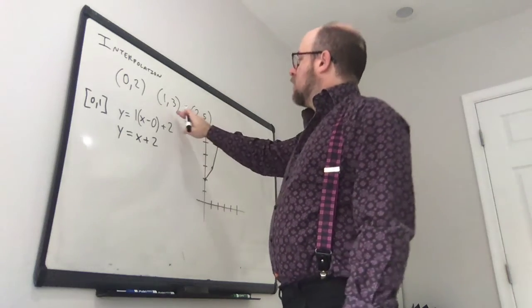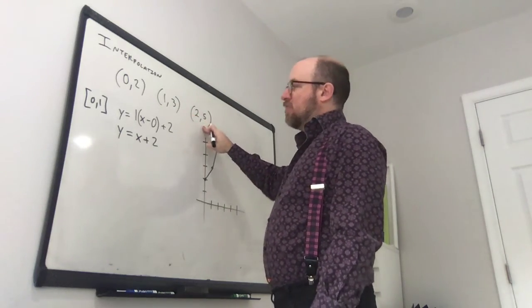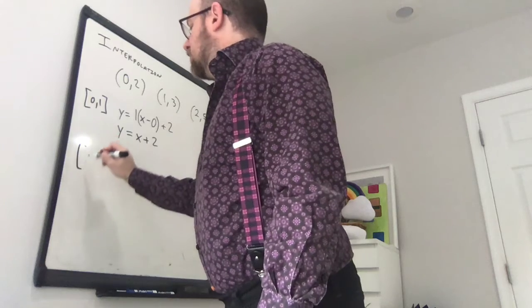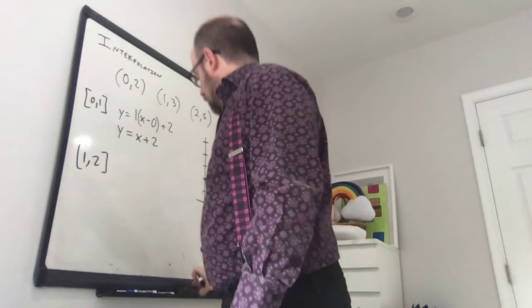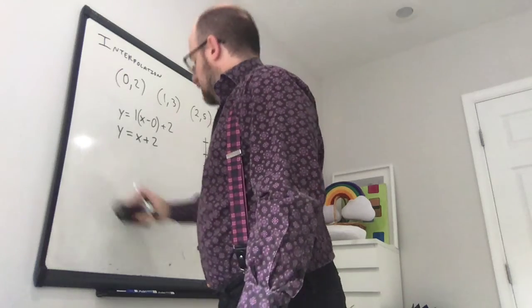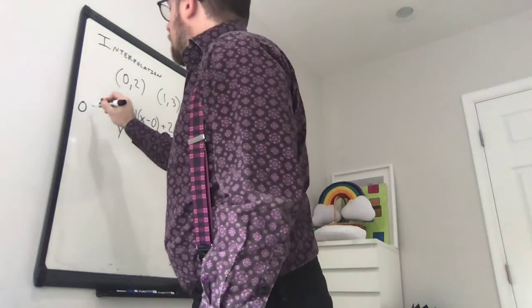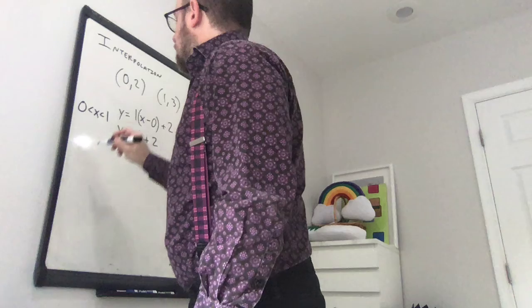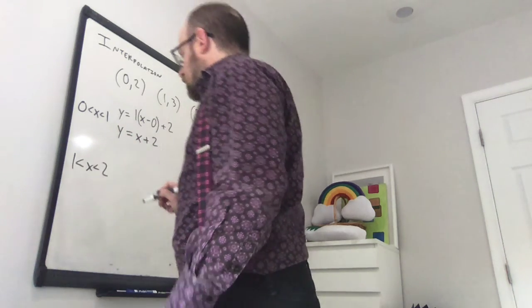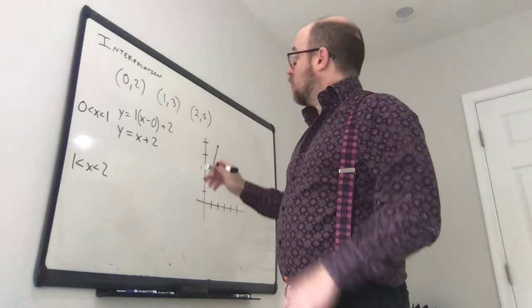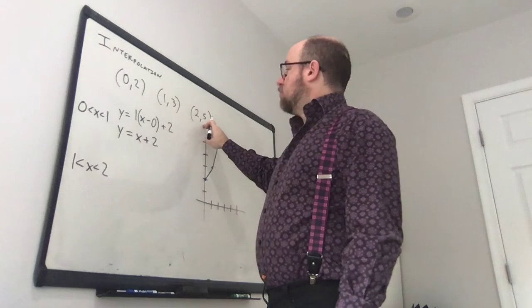And then similarly, we can find a line between (1, 3) and (2, 5). So on the interval [1, 2], for 1 less than x less than 2, the other piece, we're going to use the slope between these 2 points.